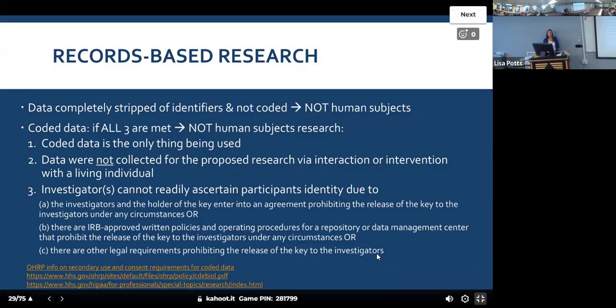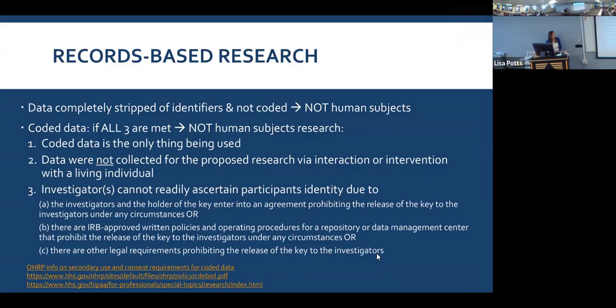Records-based research, we're getting a little bit more of this more recently too. So there's a lot of words on this slide. Just some information here about this. Essentially, if the data is completely de-identified, and we usually default to those 18 HIPAA identifiers with the privacy rule, so if it truly is de-identified, we need to know that that's not going to qualify as human subjects research.